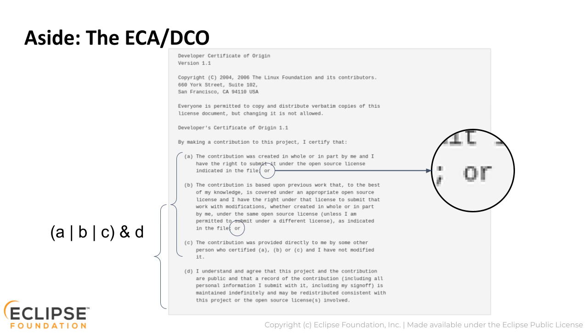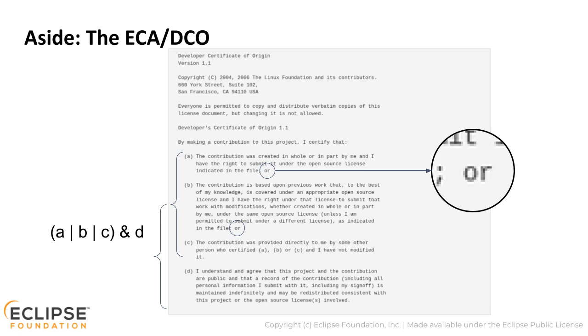Note the use of the word "or" at the end of A and B, and the period after C. The first three terms are grouped by disjunction. Every contribution provided under the DCO aligns with at least one of these terms, and the final term applies in all cases. That is, when signing the agreement, one agrees to A or B or C, and D.